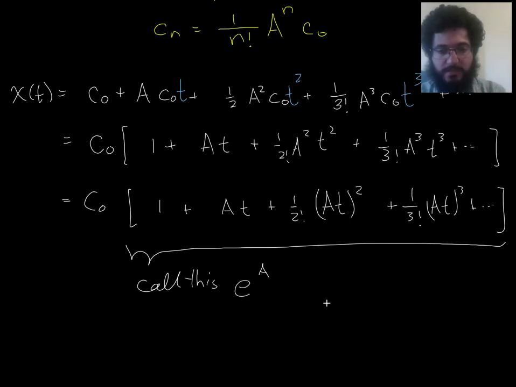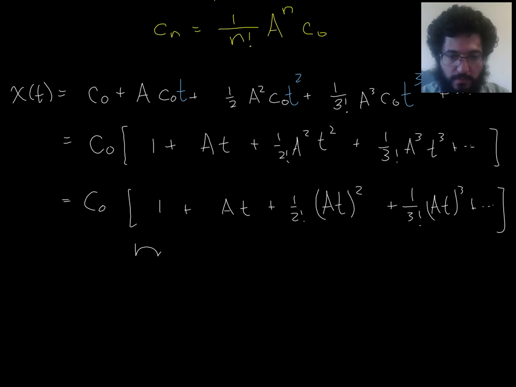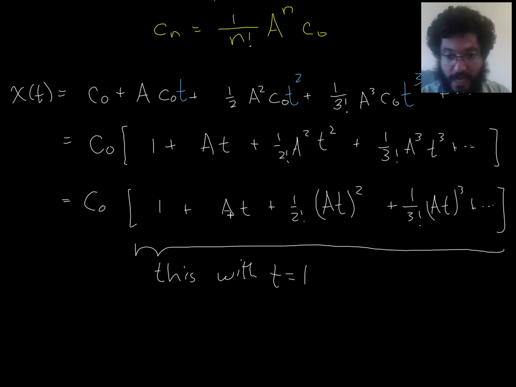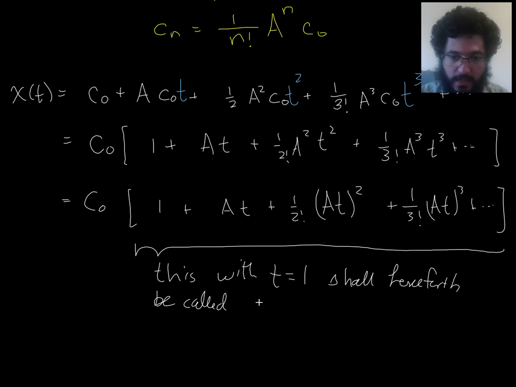Or let me do something a little bit nicer. Let's say this, with t equals 1 plugged in, so 1 plus a plus 1 over 2 factorial a squared plus 1 over 3 factorial a cubed, etc., shall henceforth be called e to the a.